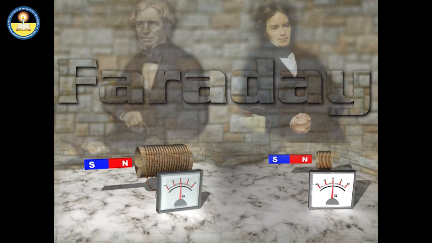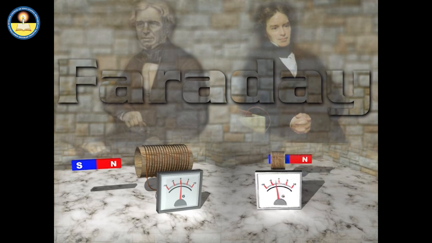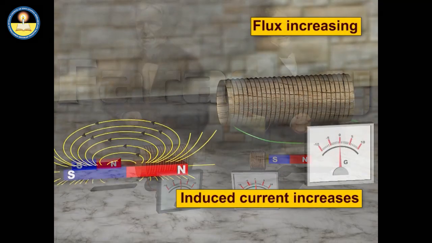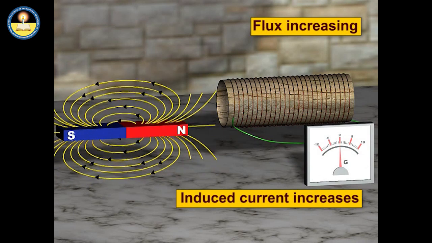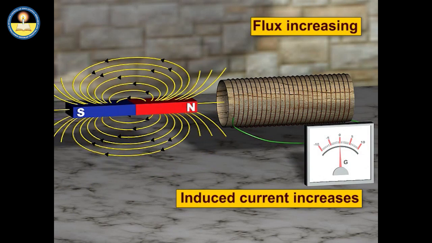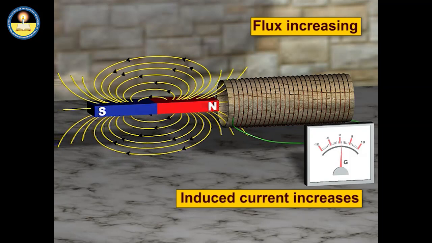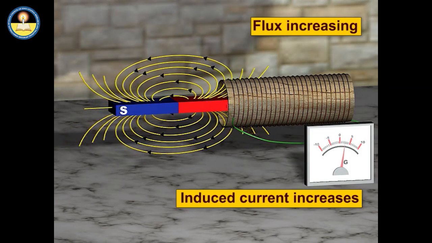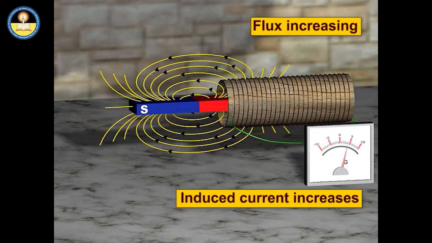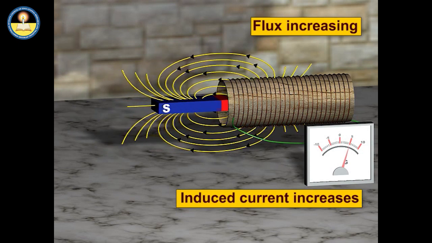In these activities, the galvanometer showed deflections but in different directions. Do you know why? When the magnet is approaching the coil, the magnetic flux, or the number of magnetic lines passing through the coil, increases, and thereby current is induced in the circuit.